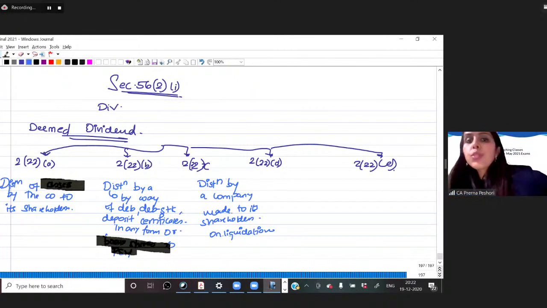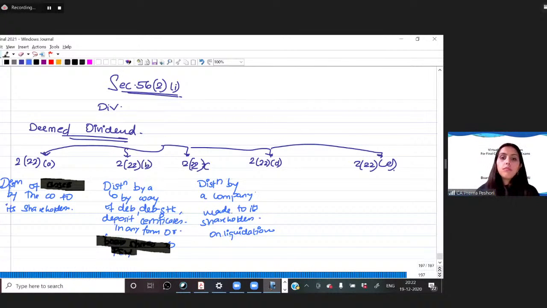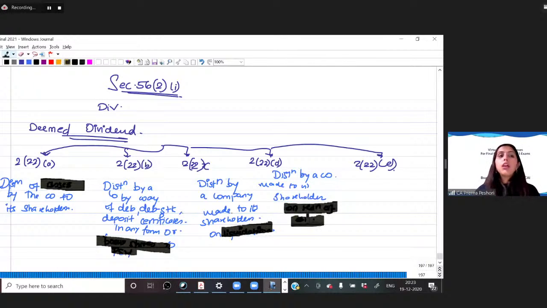And 222D is distribution by a company made to its shareholder on reduction of share capital. On reduction of share capital. Clear? Now, E I will cover later.